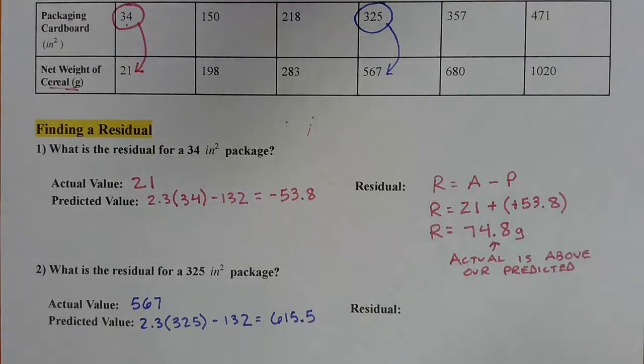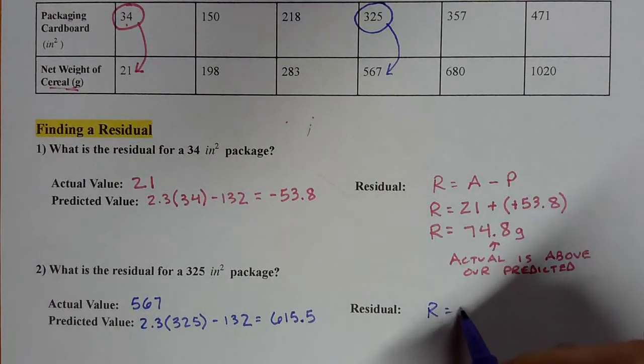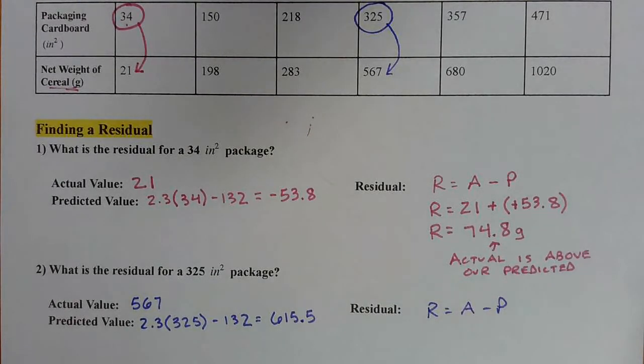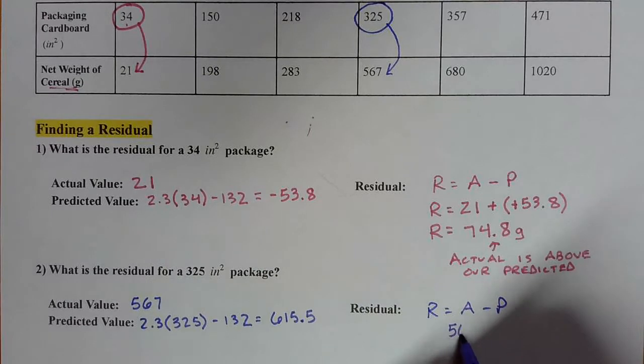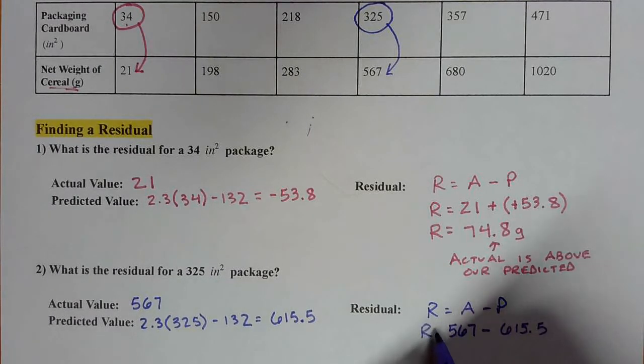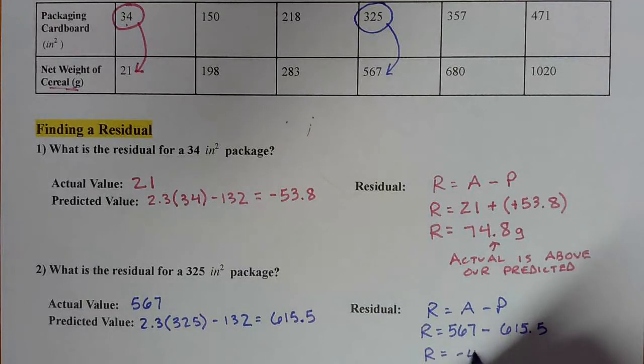Moving on to the residual, actual minus predicted. The actual was 567. Our predicted was 615.5, giving us a residual of negative 48.5.